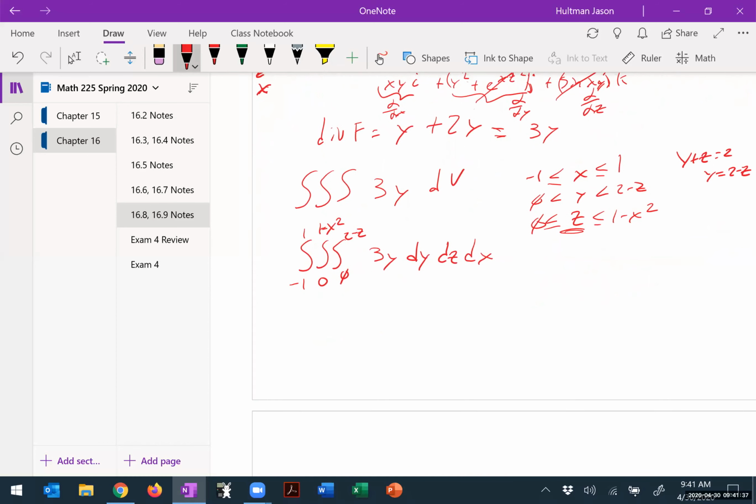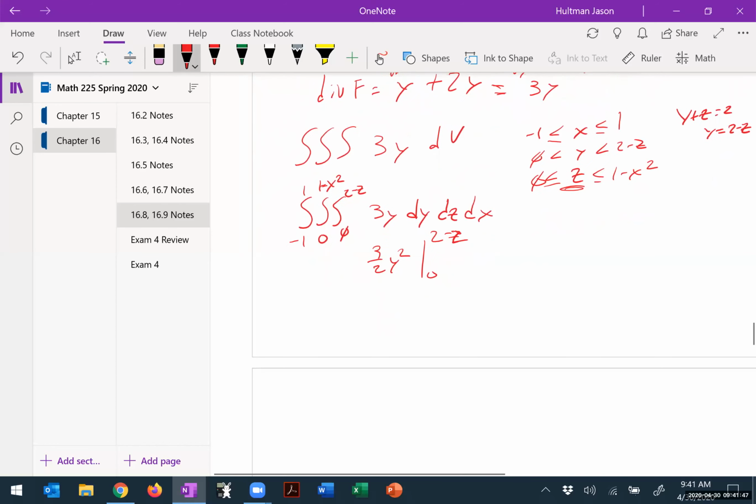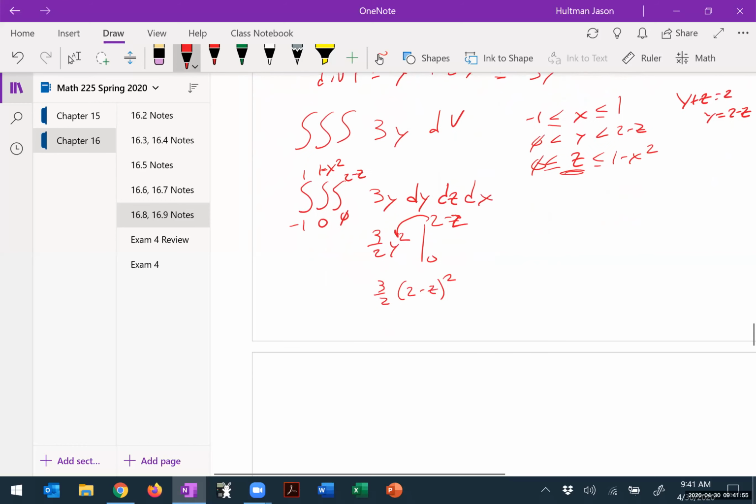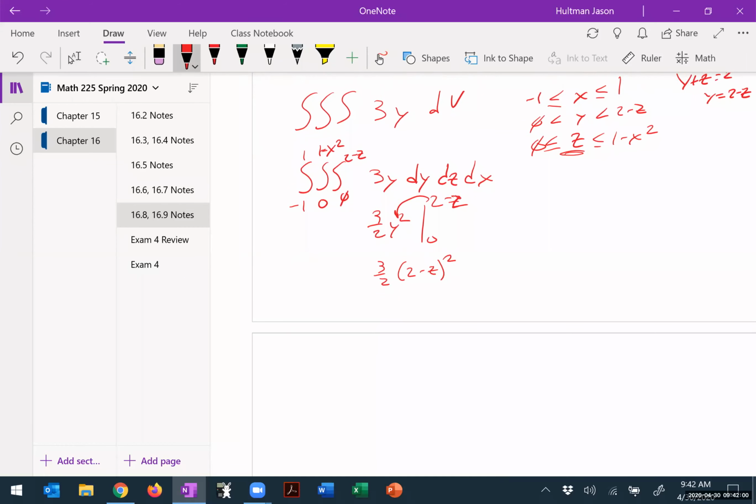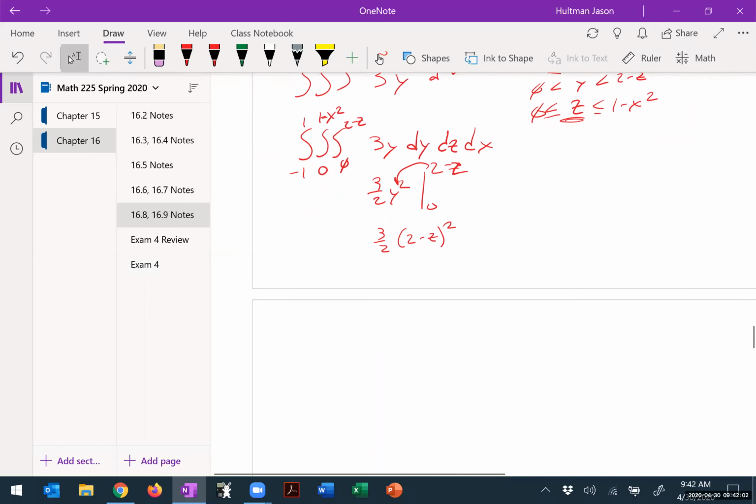So this is going to become 3/2 y squared evaluated from 0 to 2 minus z. Plug in the 2 minus z, we get 3/2 times 2 minus z squared. We could do a u sub on this. u is equal to 2 minus z, so du would equal negative dz, right? So you do your u sub on that.